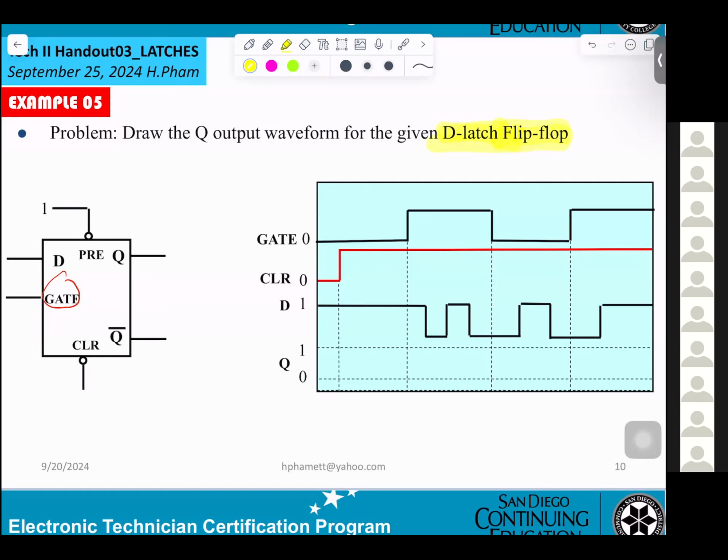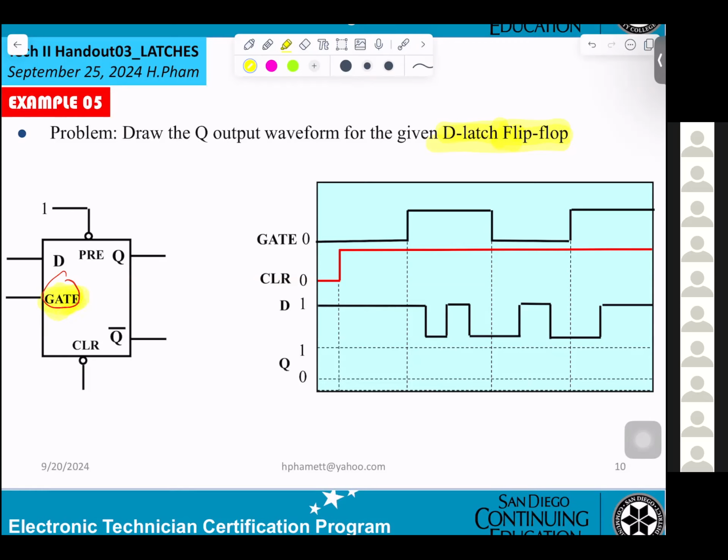First thing, we'll be talking about D latch and D flip-flop. Later, D latch. That means D is controlled by enable or gate here.